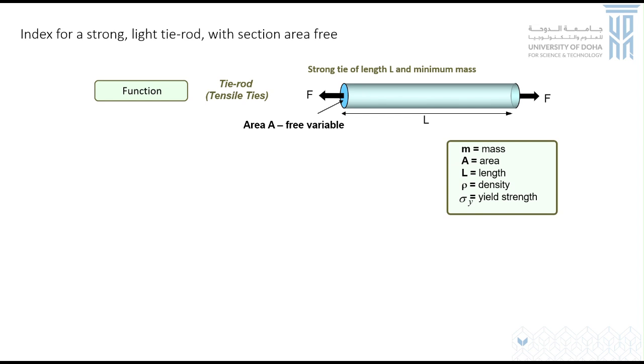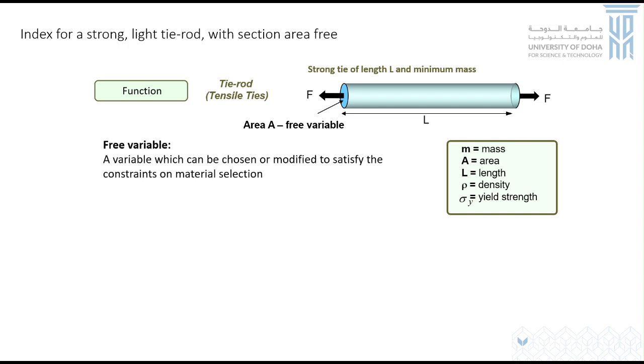Right now I am considering it to be a solid cylinder. It can also be hollow, but that will complicate things further. So right now I'm only keeping it as a solid cylinder. I've already discussed free variables, so I'm not going to go into too much detail. Basically, a free variable can be chosen or modified to satisfy the constraint on material selection. There can be several free variables.